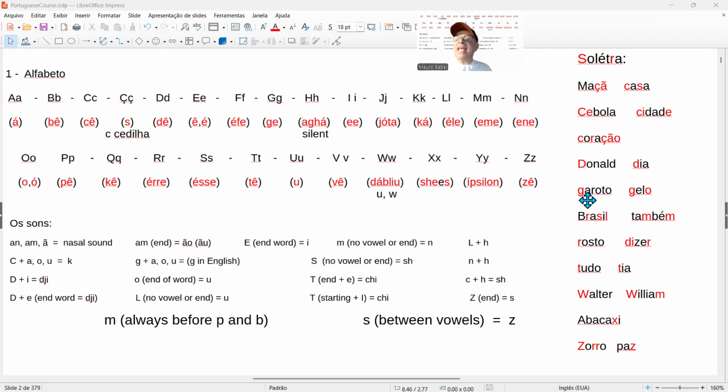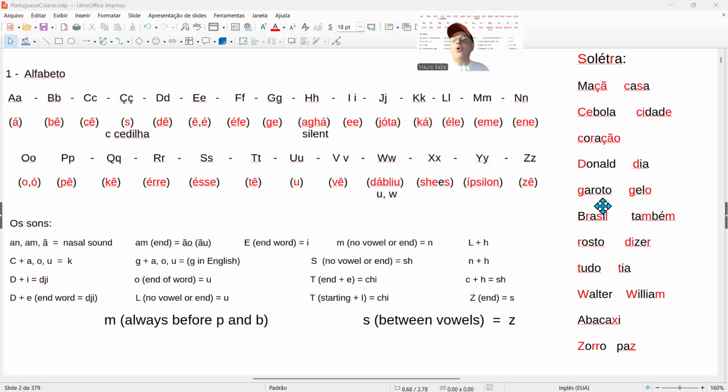It's the same sound when it's followed by an A, O, U. Look at the R. It's in the middle of the word followed by a vowel. Does it sound ho or ro?